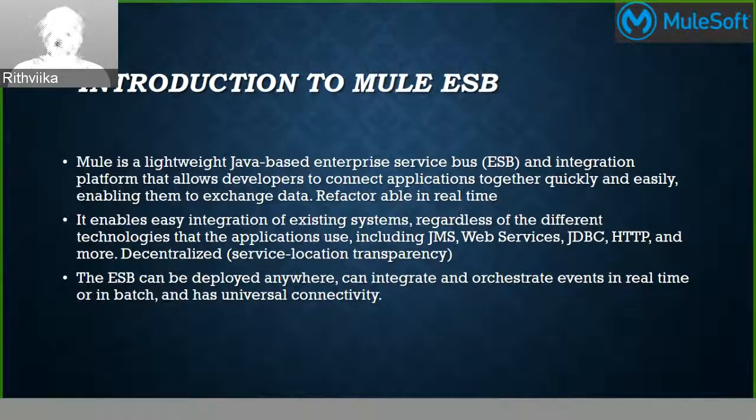We have RAML. What is that? RAML, REST Application Modeling Language. If you want to deal with REST APIs, usually if you say XML, then you'll have schemas, right? Yeah.